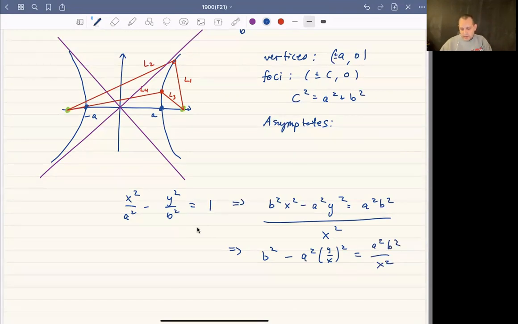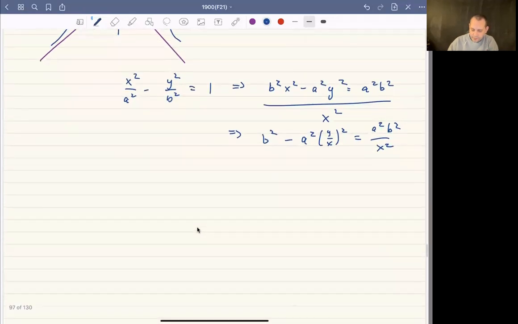And one other thing we can do is divide both sides by b squared. So we're going to end up with a over b squared, y over x squared, and this is going to be a squared over x squared. And so something is bothering me here in my calculation.